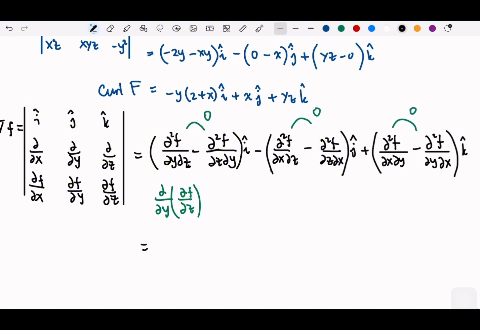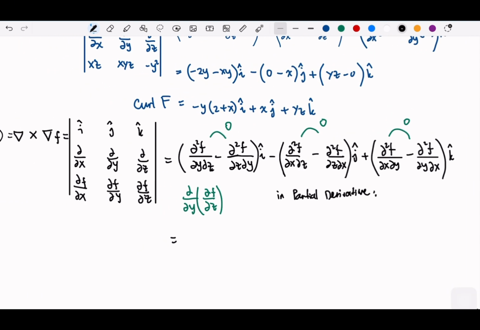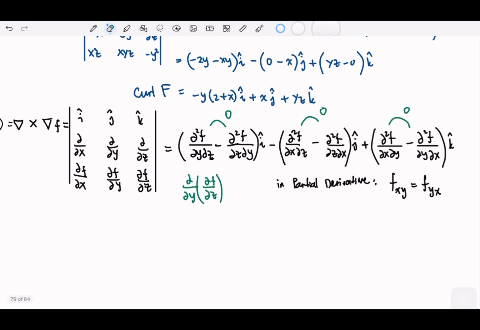Remember that in partial derivatives, with Clairaut's theorem, partial xy and partial yx are equal, which means this will result in 0. We call this Clairaut's theorem.